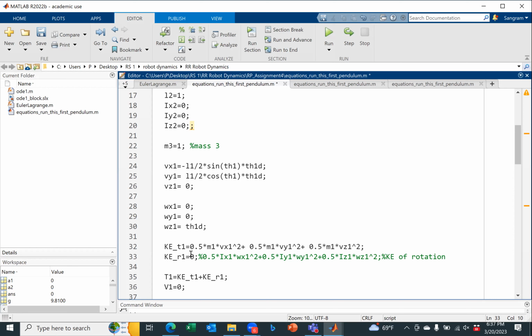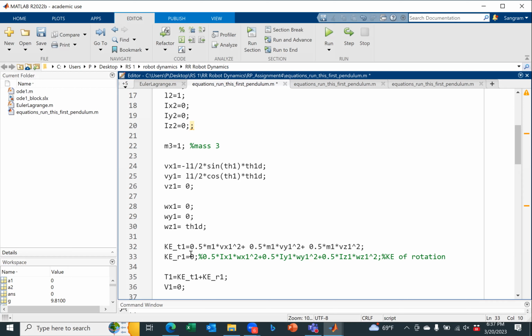This is massless. And the only mass, which is M2, is equal to 1 kilogram, is located here. That's why we don't have, if you look at this problem, and we will modify this problem when we assume masses.